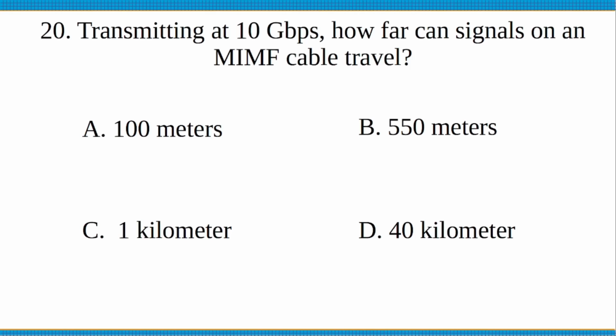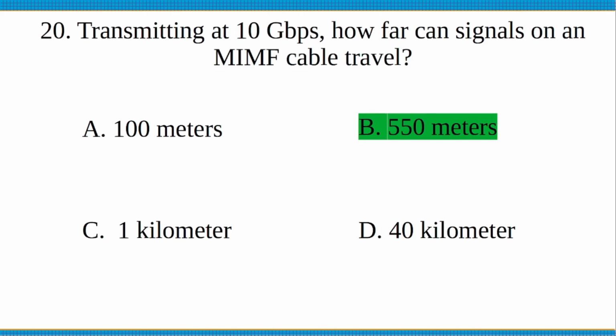Number 20. Transmitting at 10 gigabytes per second, how far can signals on an MMF cable travel? A. 100 meters. B. 500 meters. C. 1 kilometer. D. 40 kilometers. The answer here is B. 550 meters.